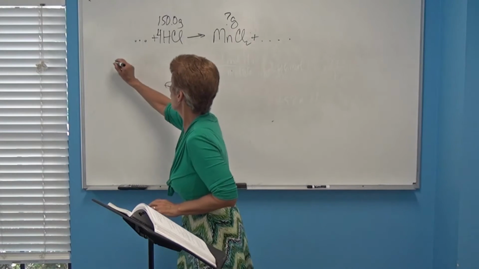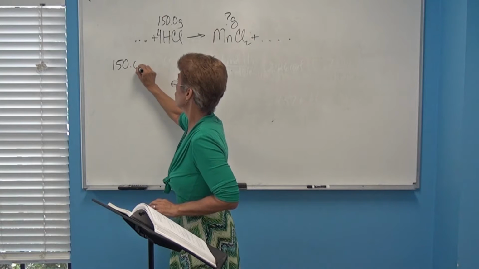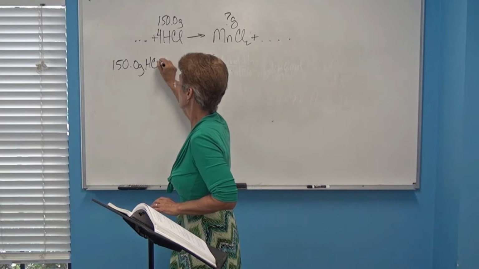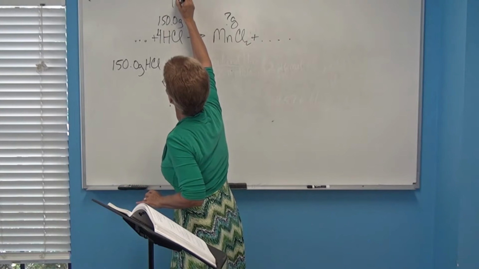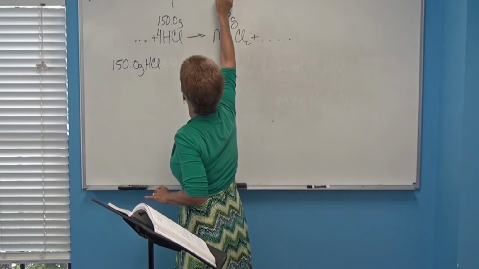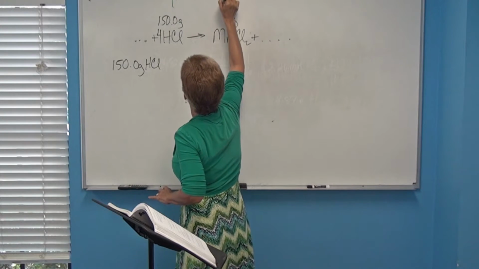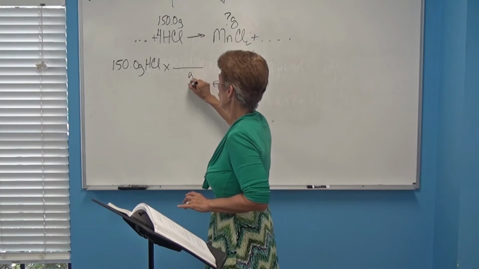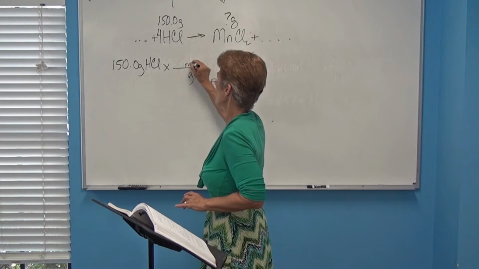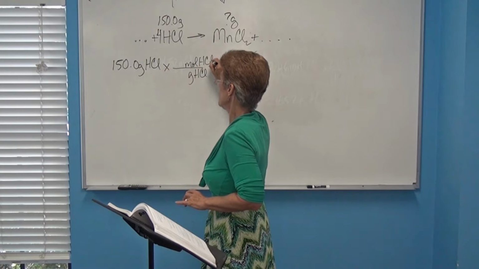Okay, so we start with where we have numbers. We know we're going to have to go from grams to moles, moles to moles, and back down to the grams. So I'm going to do that times grams HCl to moles HCl.